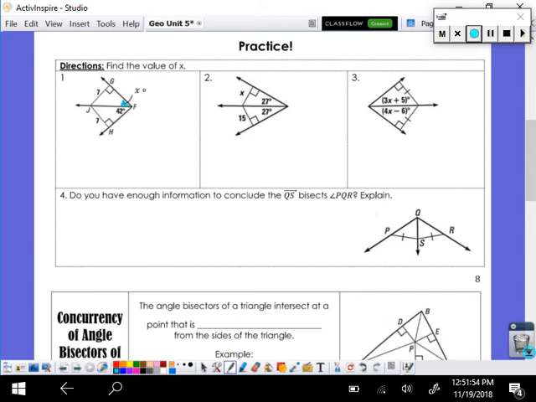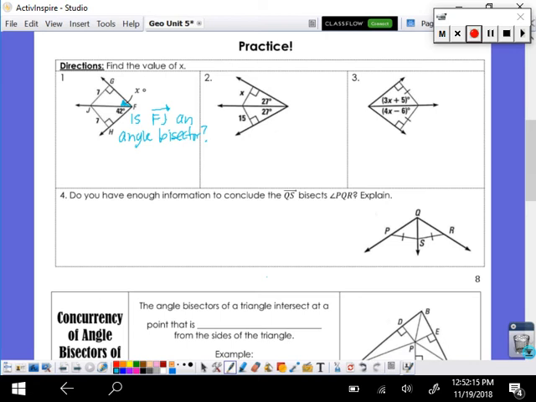Okay, so number one, I see that we're looking for this angle. All right. We need to determine if FJ is an angle bisector. So I'm just going to write that question. You don't have to, but this is what we're thinking. Is FJ an angle bisector? So we need to know what would make it an angle bisector.